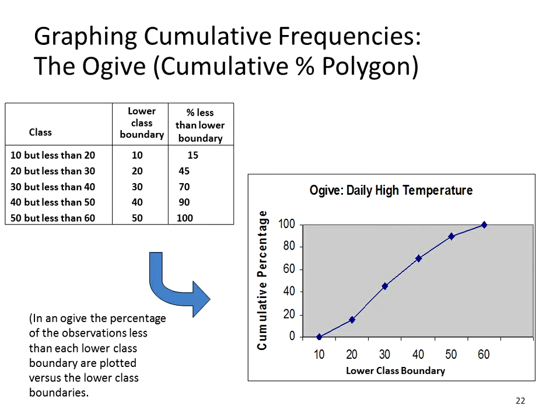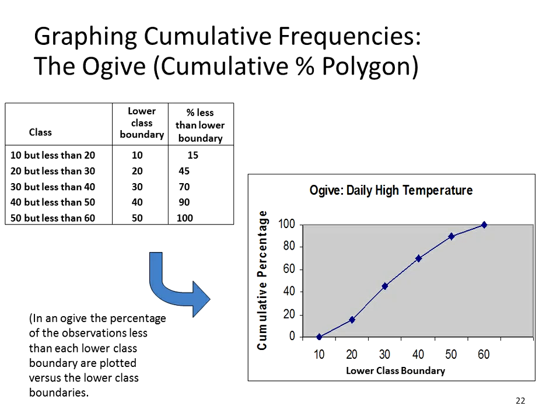Now with the ogive, you can also construct the cumulative percent polygon. That one deals with the lower class boundaries. If you're doing this, you draw an ogive, and the percentage of the observations less than each of the lower class boundaries are plotted versus the lower boundaries.